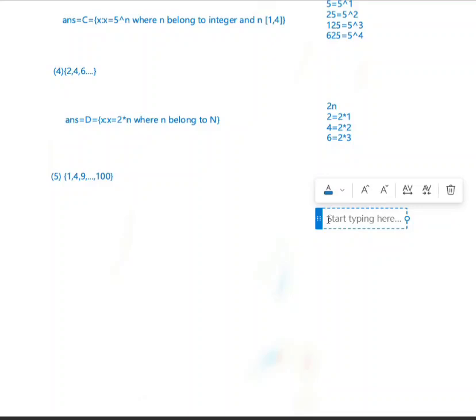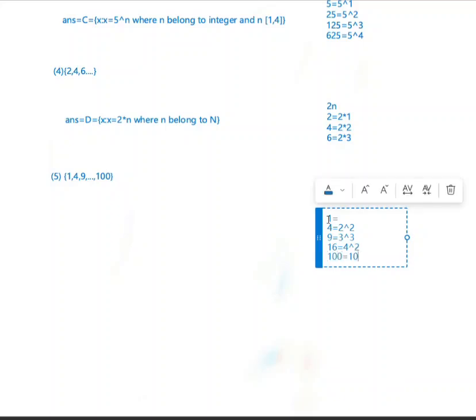So this is the fourth part, and in the last part, what we have seen is the pattern: from 1 we cannot predict, from 4 we can predict that this is the square of 2, from 9 we can observe that this is the square of 3, and this 16 is the square of 4, and 100 is the square of 10.